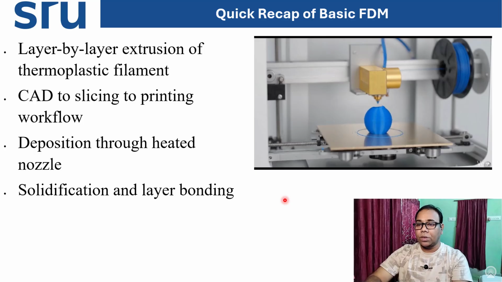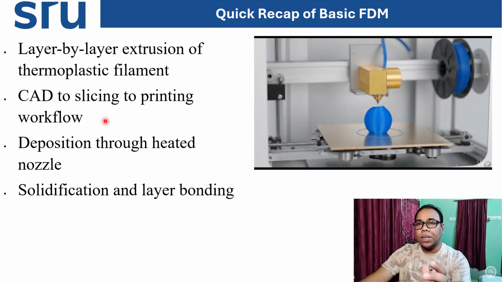Always in the 3D printing process, first a CAD design will be used. That's why I have mentioned the CAD to slicing to printing workflow. In this, there are 7 steps or stages of the 3D printing process. The first stage is CAD modeling.